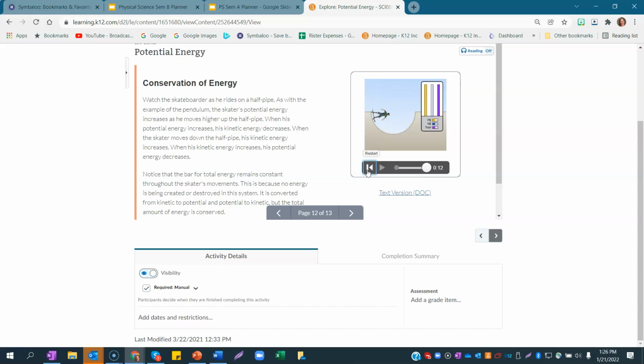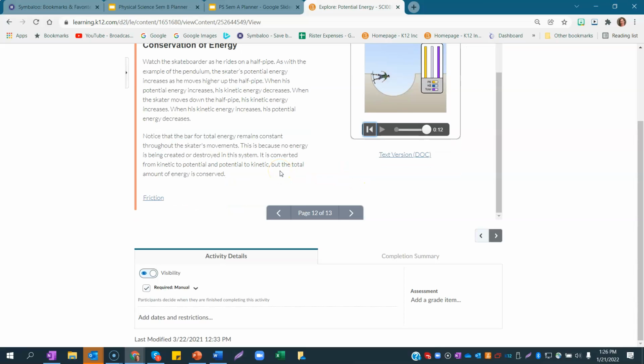When the skater moves down the half pipe, his kinetic energy increases, and we know his potential energy is going to decrease. Notice that the bar for total energy remains constant throughout the skater's movement. This is because no energy is being created or destroyed. It's being converted from kinetic to potential and potential to kinetic, but the total amount of energy is conserved.